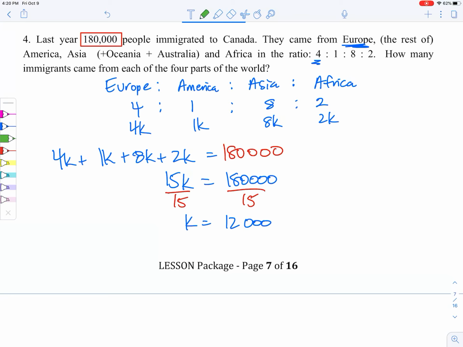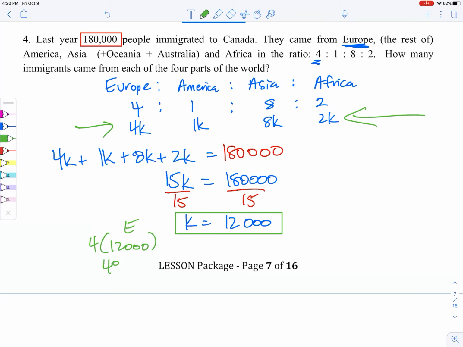And if we use this, K equals 12,000, and we use it on this line here, that means Europe, which is 4 times 12,000, is going to be 48,000 people. All of these are going to be in people, right? America is just 1 times K, so that's easy, 12,000 people.